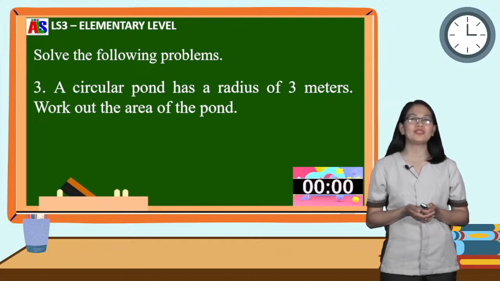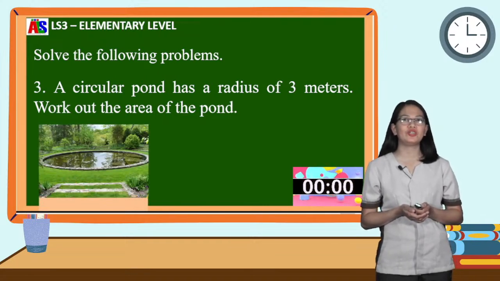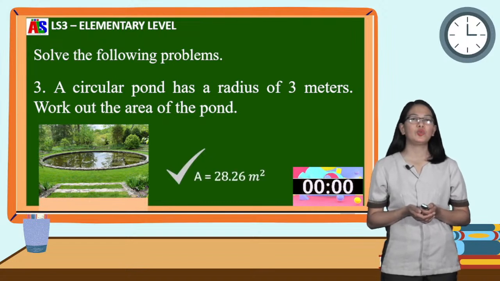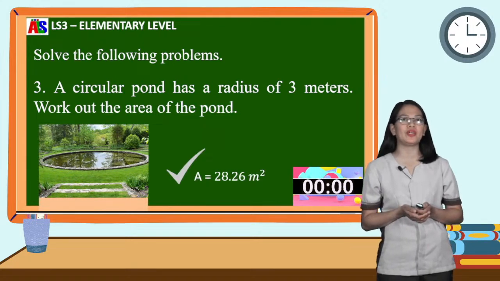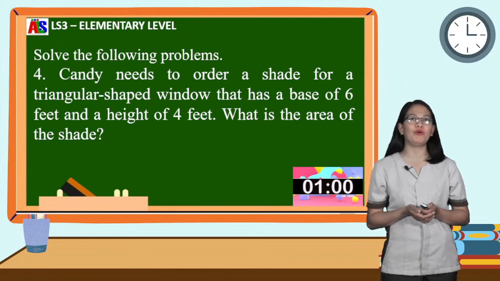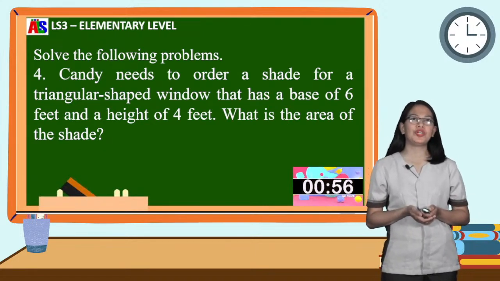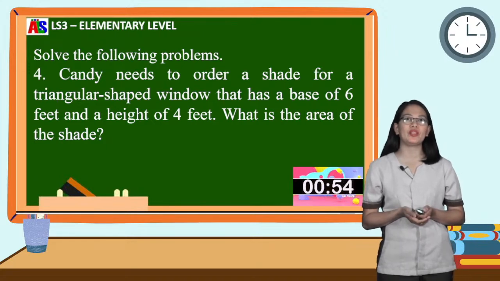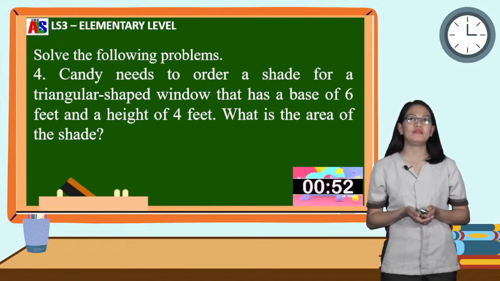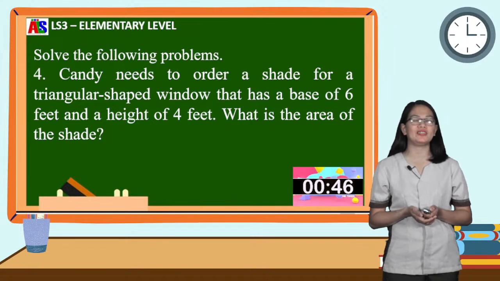Of course, the shape of the pond is a circle, and the area is 28.26 square meters. Now, number 4. Order a shade for the window that has a base of 6 feet and a height of 4 feet. What is the area of the shade?